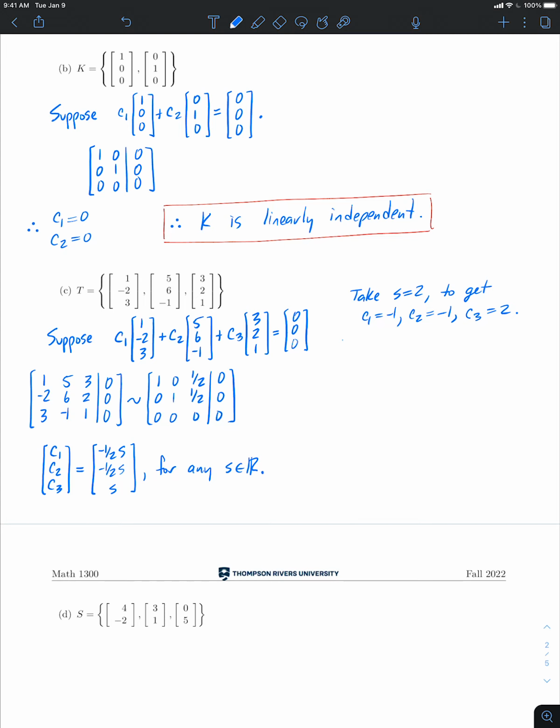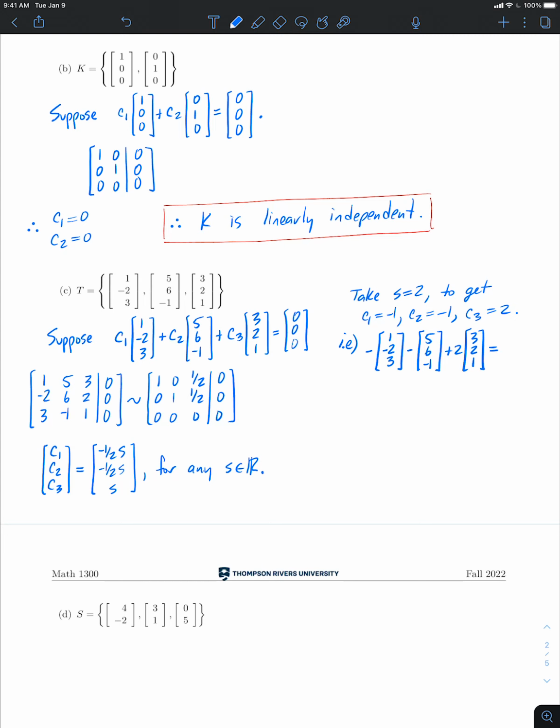So in other words, going back to the context that these variables came from when they were first introduced, that tells us that this vector equation will be true if we plug in these values of c1, c2, and c3. So let's do that. So we're going to have -1 times, I'm going to write small so I can fit this in on this line, plus -1 times the vector 5, 6, -1, and then plus 2 times the vector 3, 2, 1.